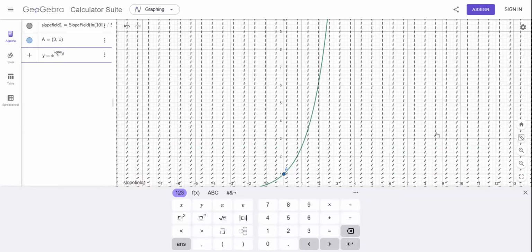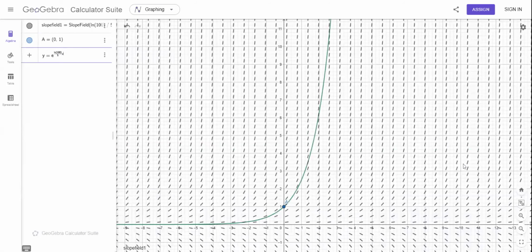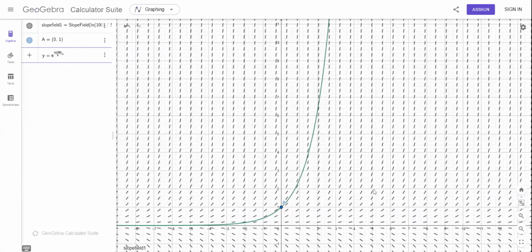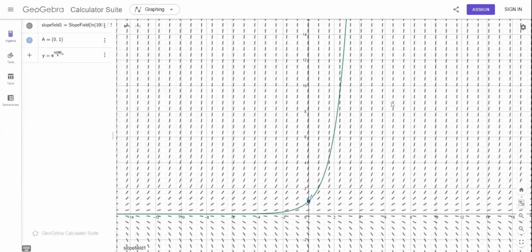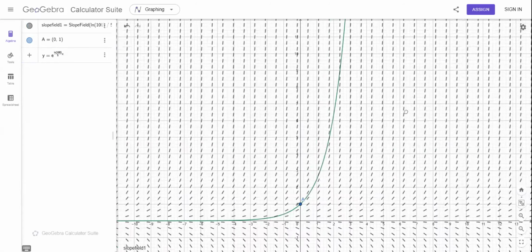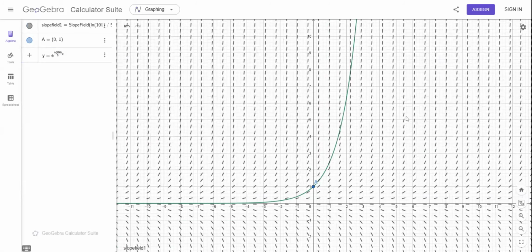There it is. This would be the growth of the bacteria, exponential growth. This is the slope field for the differential equation, and this is the solution curve, the green one there. Anything on that?